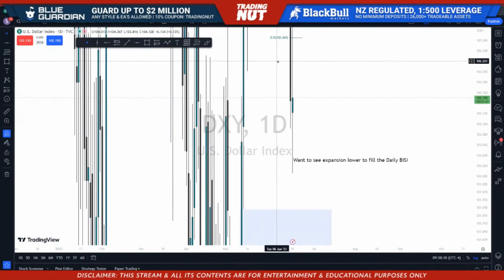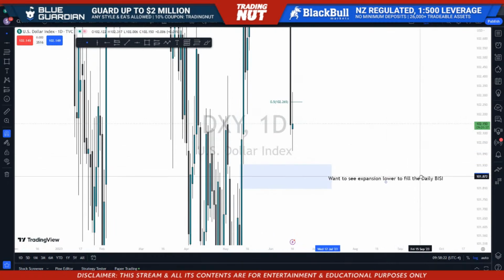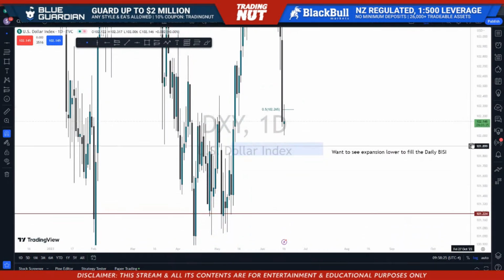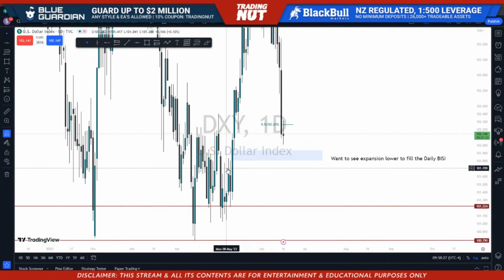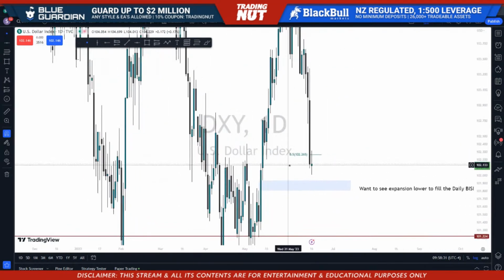So our current target for the dollar index is an expansion lower into this daily fair value gap that we can see here. I do believe within the next 3 minutes, this is where price is going to draft to.